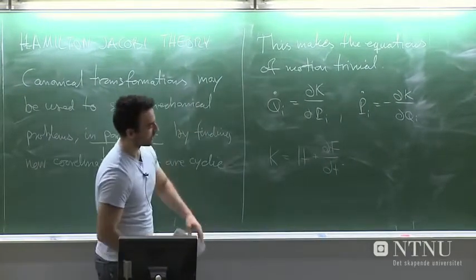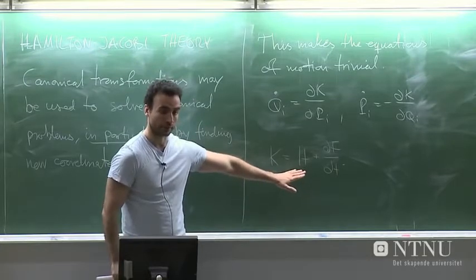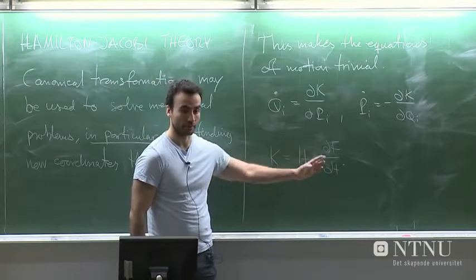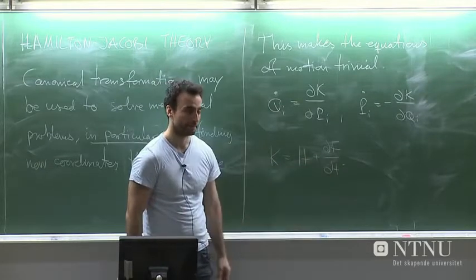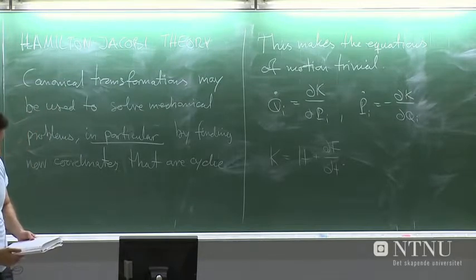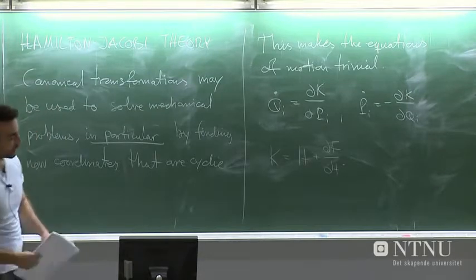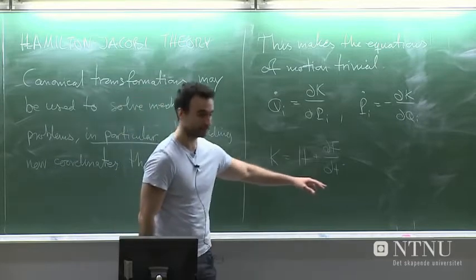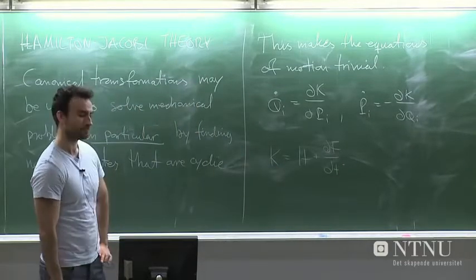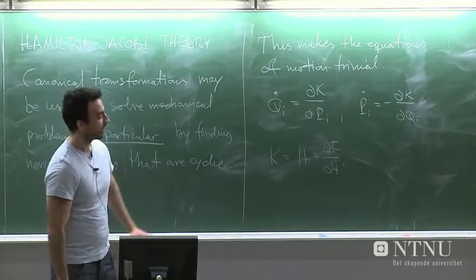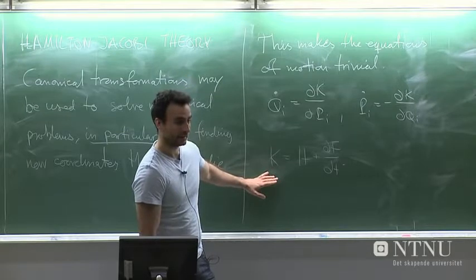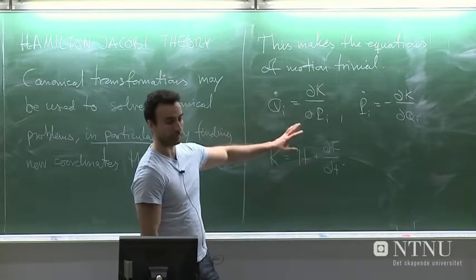Keep in mind that the original Hamiltonian of our problem and the new one may differ at most by a partial time derivative of a function, where this is an arbitrary function. Well, would you agree that if K is equal to 0, then these equations of motion are pretty easy?